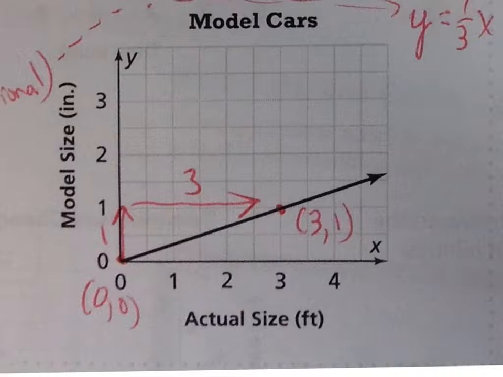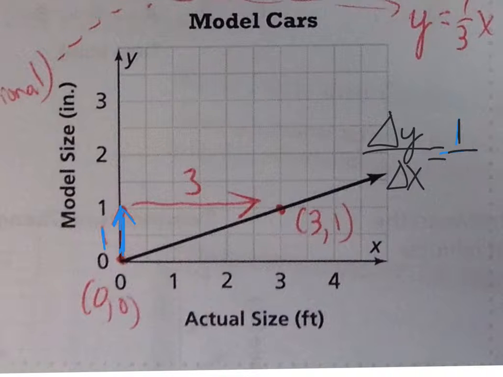And then basically using those 2 points like we've talked about, we're just looking for what's my change in y, what's my change in x. So from (0, 0), change in y, how far are we going up? Well, we're going up 1. And then change in x is how far we're going over, and we're going over 3.